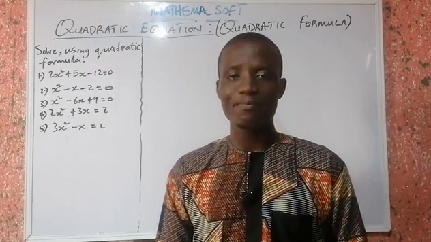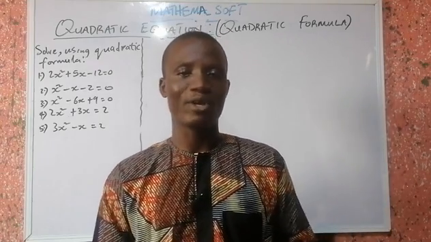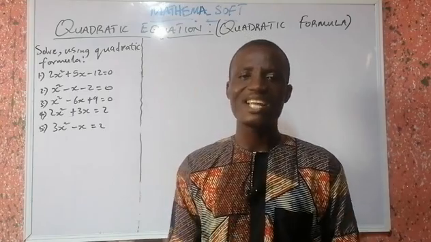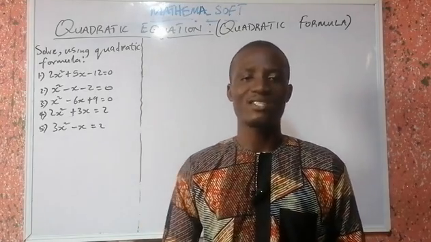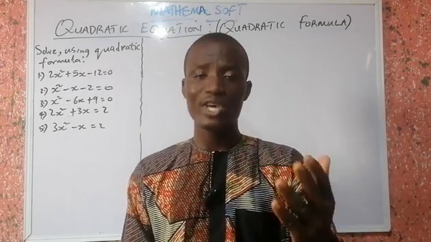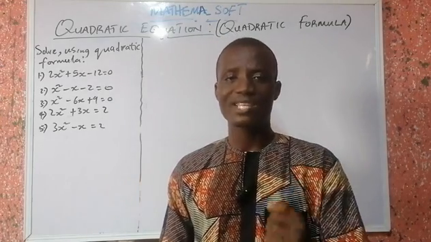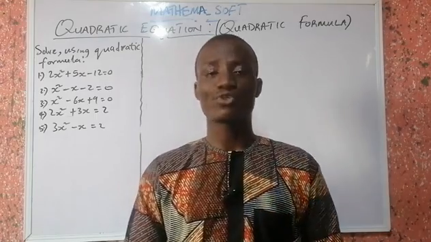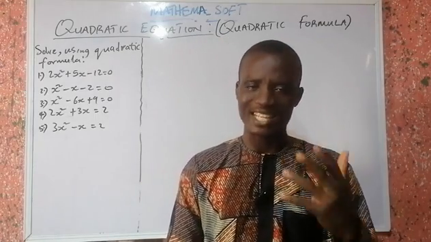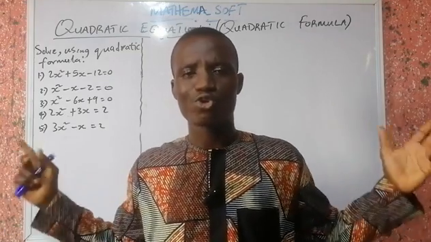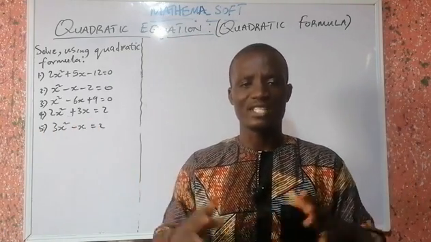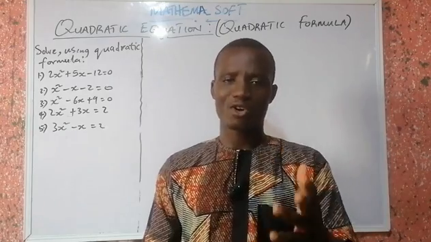They can be the same, they can be different, and they can be complex. It is the understanding of quadratic formula that will help us to know which quadratic equation will have the same roots or different roots or complex roots. And that is why it's very important for you to understand this method of solving quadratic equation.